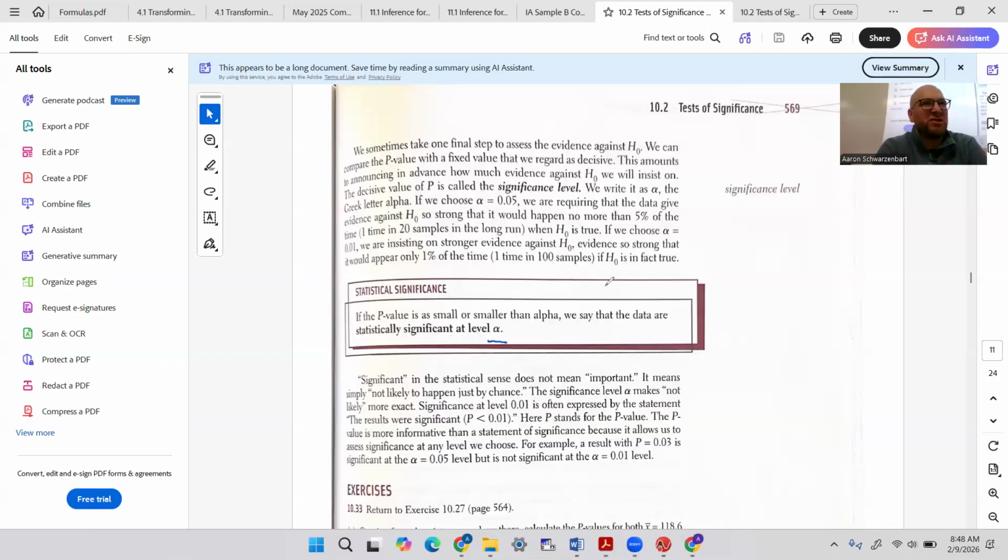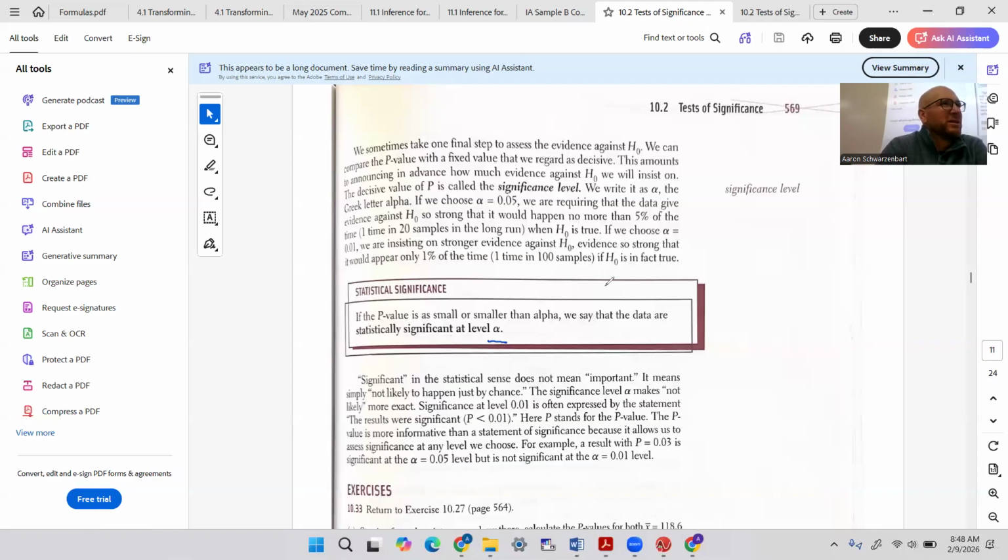If it's a cancer drug and this is for people that have terminal diagnoses and we might be able to get them 5 extra years instead of 1, you're probably willing to accept a higher alpha level. We don't need to be as sure because, well, if you don't take this drug, you're going to die. But you're going to die soon.